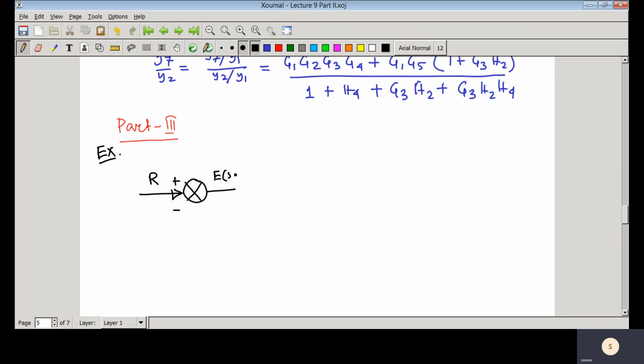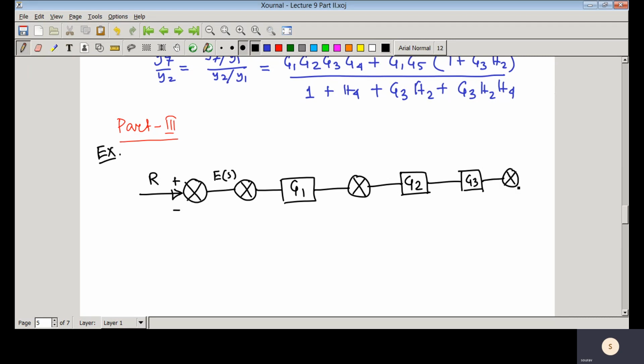You have the error signal, and here you have G1, the transfer function. You have another summer. You have G2, another transfer function. G3, you have another summer here, and this is the output variable.